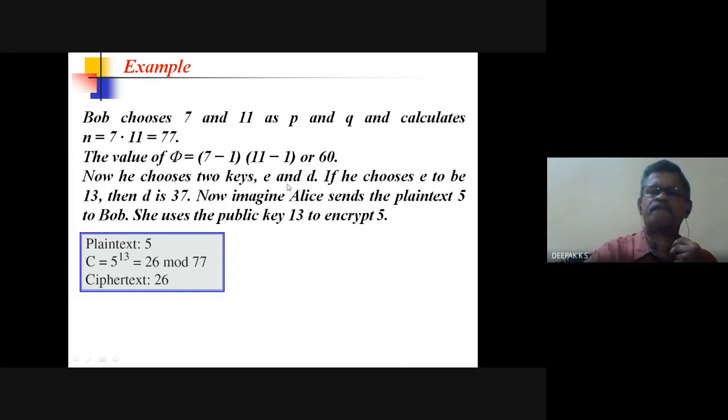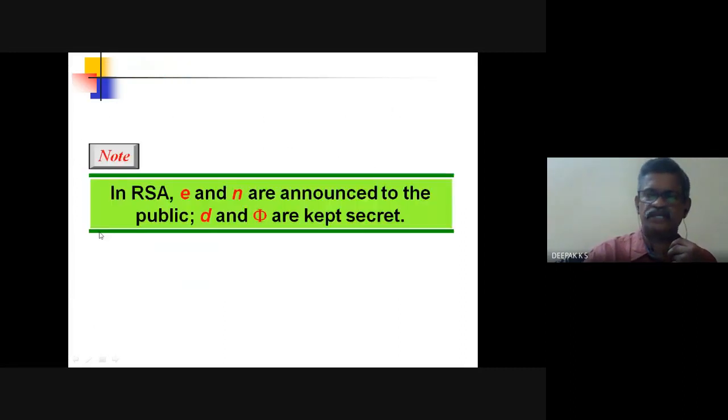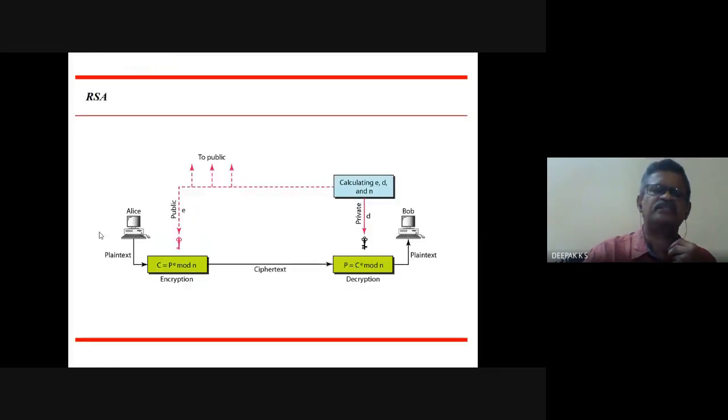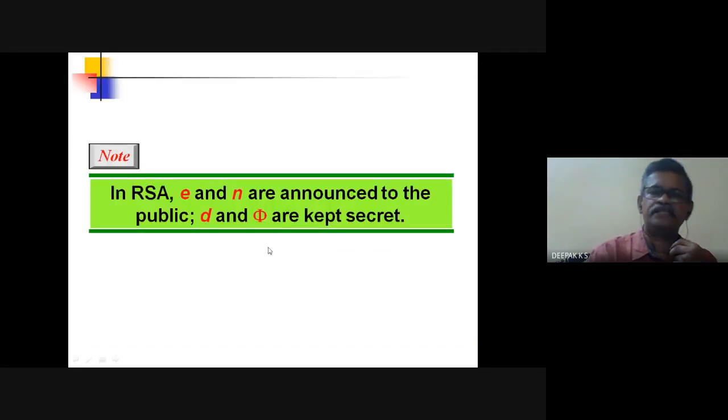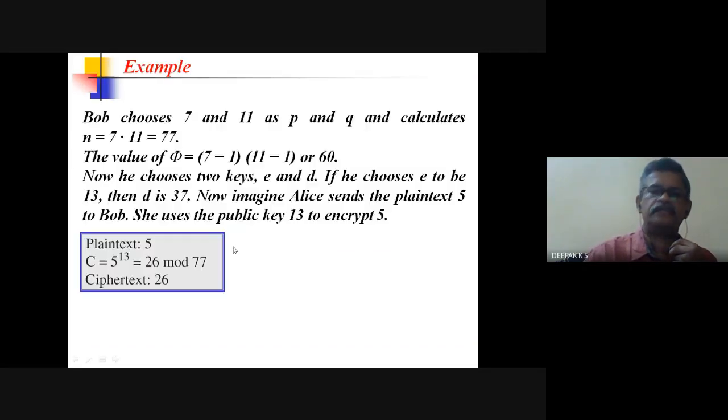So there is a public key. These are all sets of numbers, and some parameters are there. So phi is the thing to be encrypted. So many rounds, etc., would be there. Certain parameters are known to the public, and certain parameters are private.